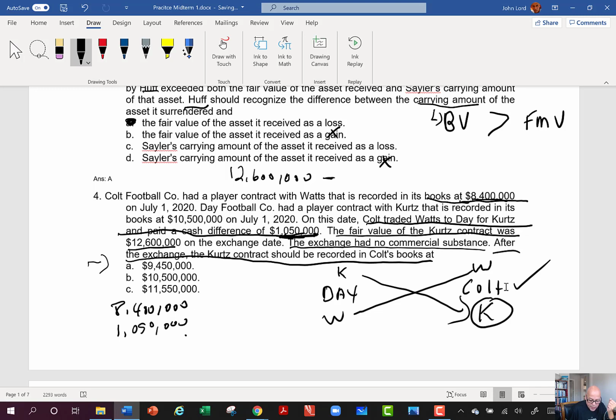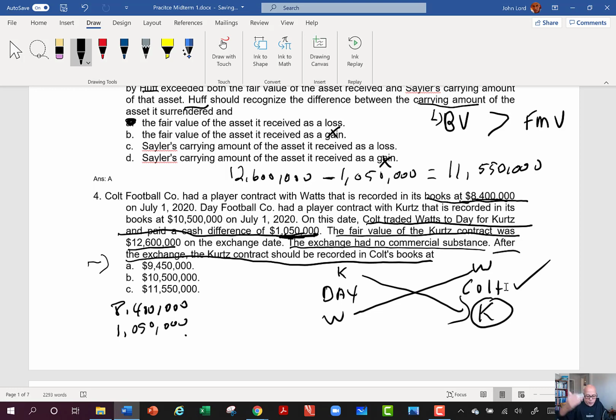That is in effect saying if you take $1,050,000 off of the 12.6, the fair value of the contract that I'm getting here, that difference, I always forget to do my math beforehand. I set up the math and then I don't do the math. 12,600, minus 1,050 gives me 11,550,000.